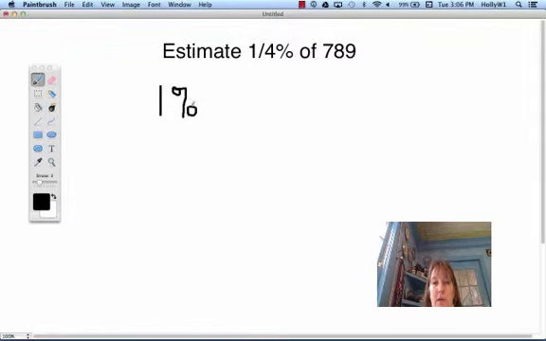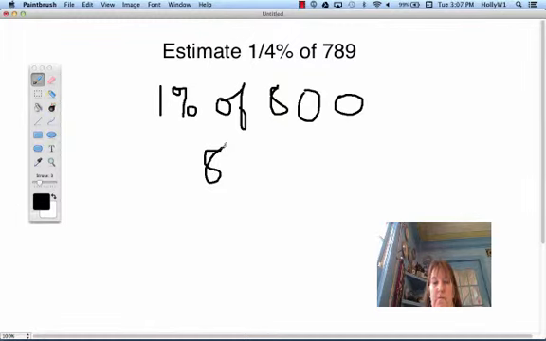We're estimating 1/4% of 800. 1% of 800 is 8, and we know that because it would really be like multiplying 0.01 times 800, and that would give us the 8.